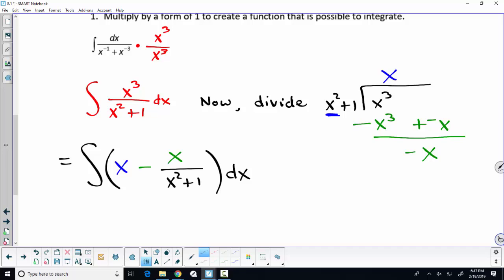Okay, now neither one of these are improper anymore. We can certainly find the antiderivative of x. How about the antiderivative of x over x squared plus 1? Yeah, use substitution, because the derivative of x squared plus 1, a constant multiple anyways, is right here.